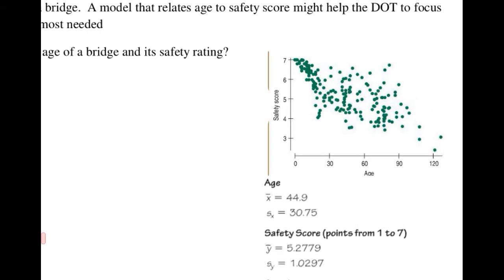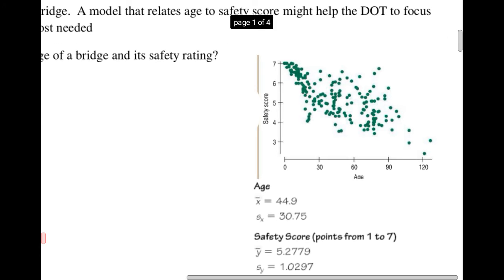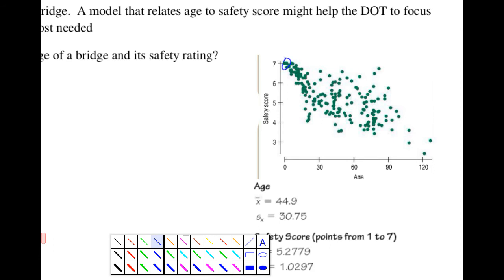First thing we want to do when we have a scatter plot is talk about the shape, the strength, unusual features, form, direction. Looking at the scatter plot, we start up here. At an age of 0, you have scores of 7.